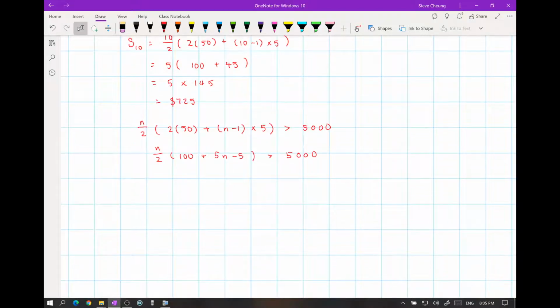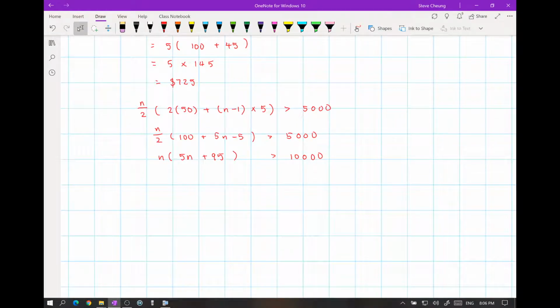And I already see some quadratics going on. Now I'm going to move the 2 to the other side by multiplying by 2. So then I'm left with just the above, no fractions. So on the inside I should have 5n plus 95.